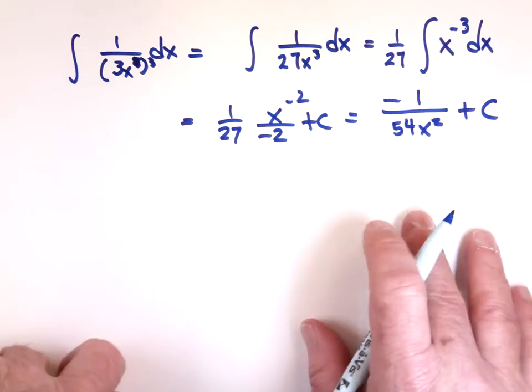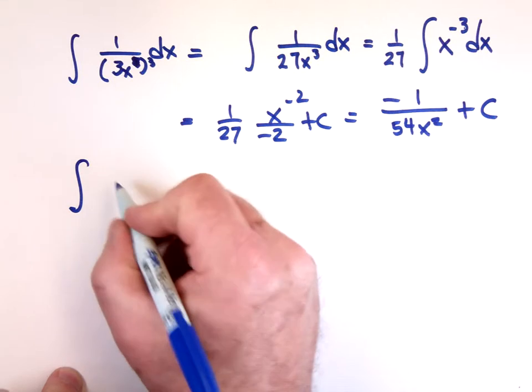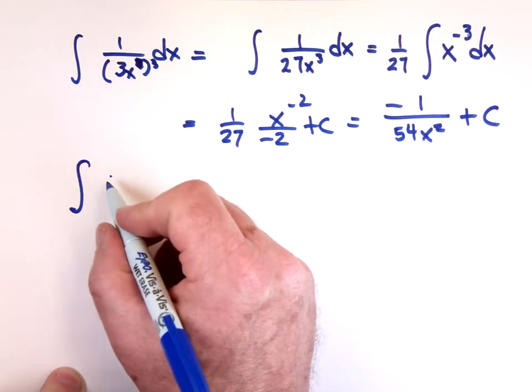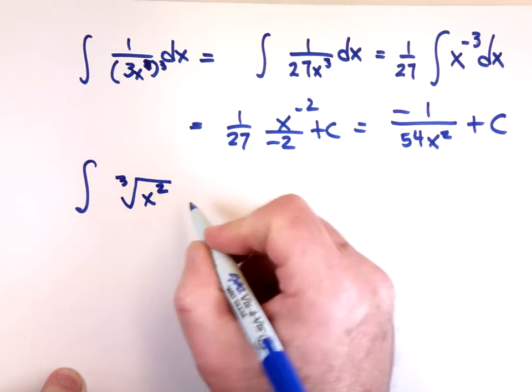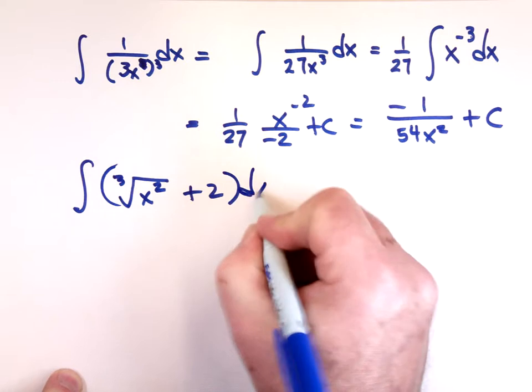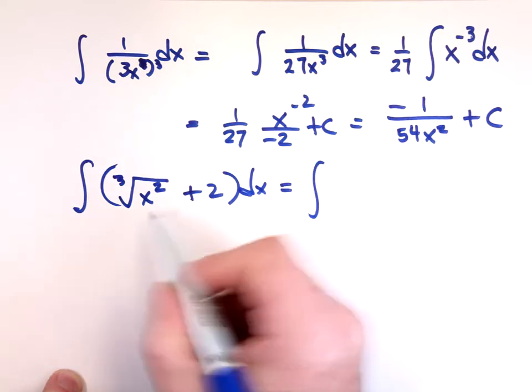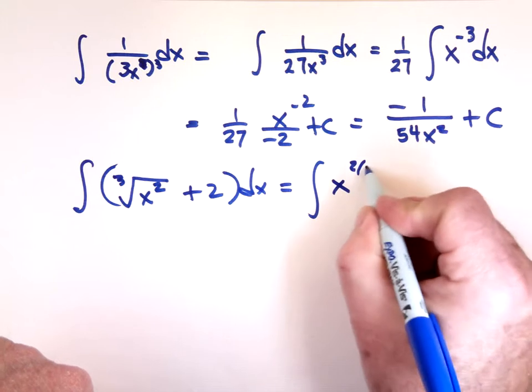The second one is the integral of the cube root of x squared plus 2 dx. It's the same kind of thing. What you want to do is rewrite this with a fractional exponent, x to the 2/3 plus 2.